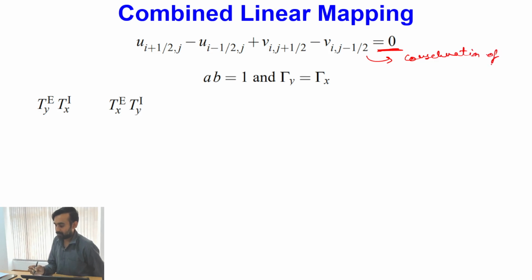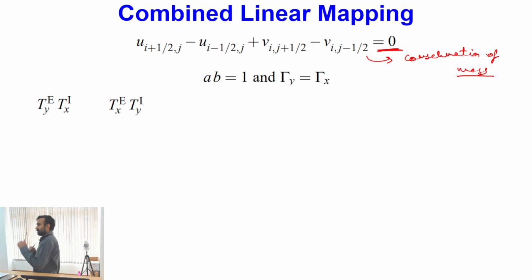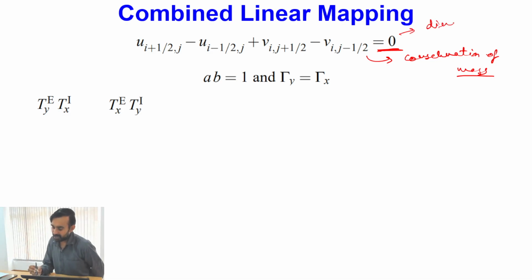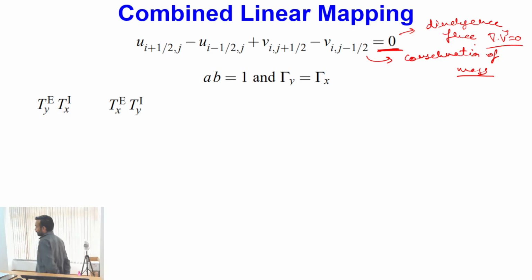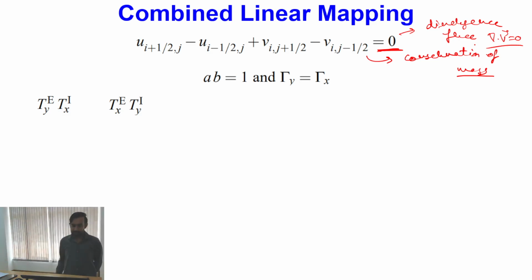All are clear with this point? Because all your areas are same, so ultimately in incompressible flow, if this equation is satisfied, so this equation is coming from the requirement of divergence free velocity field, because for incompressible flow divergence of V equal to 0. So divergence of V equal to 0 gives me this equation.